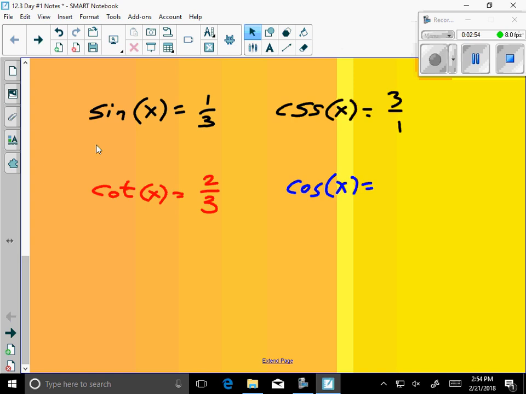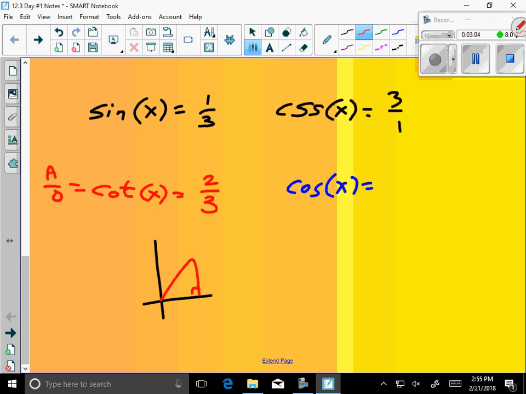Let me sketch this in the coordinate plane. Okay, here's my triangle. Cotangent, remember, is adjacent over opposite. So that means if this angle is x, adjacent is 2, opposite is 3. You may recognize that more formally as tangent, which is 3 over 2. But how would I find the cosine?